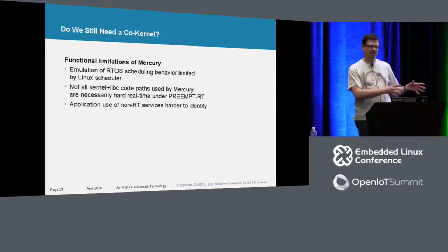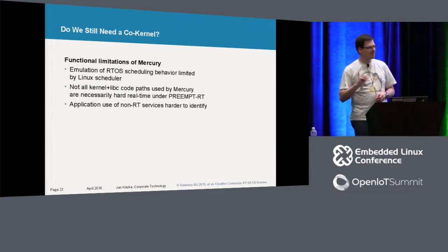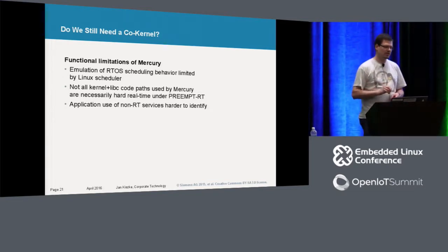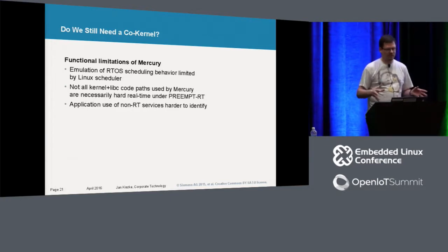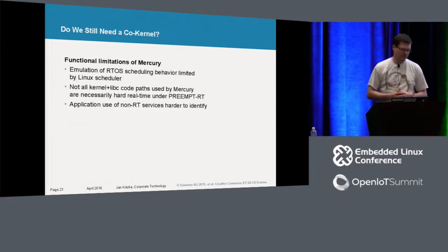These legacy systems used to be very creative in how things operate, and the application used to be very creative in requiring exactly this behavior, the exact timing behavior. And that sometimes didn't work out very well. So if you run into such a situation, the scheduler that we have with the co-kernel is still more capable of emulating those things, because it's more free, in contrast to the Linux scheduler.